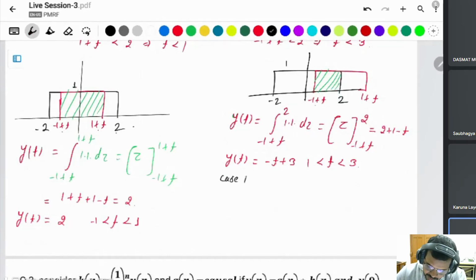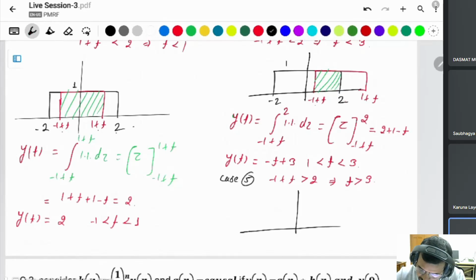Case 5th, last case. Sorry. When minus 1 plus t is greater than 2, it means t is greater than 3. In this condition, this will be outside the signal. The whole signal will be 0 because there is no overlap.